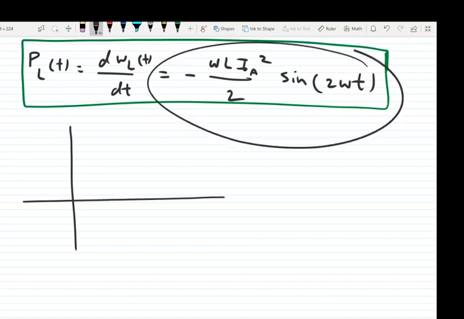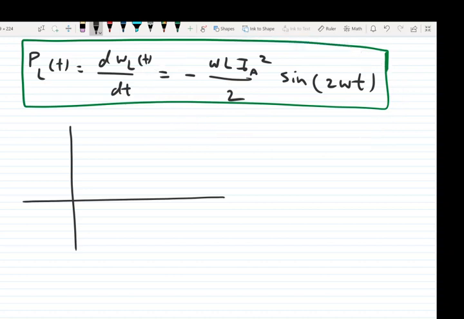If we look at the power, we see that it is a sinusoidal signal. The maximum value is omega L Ia square over 2.